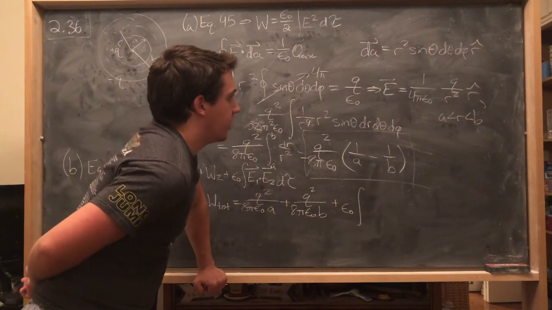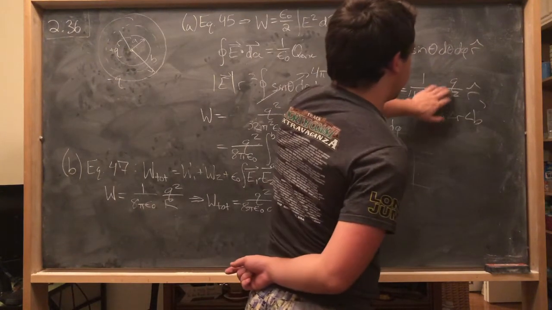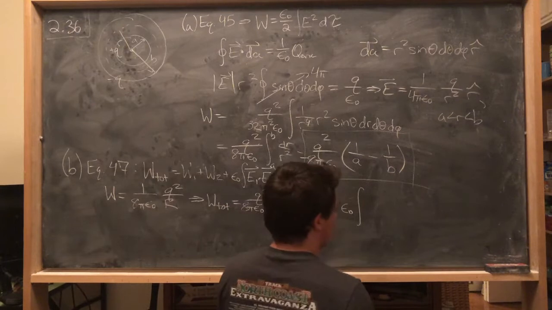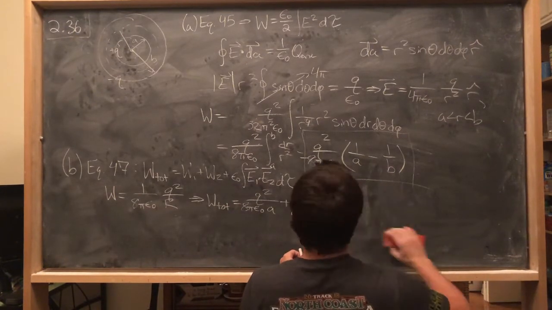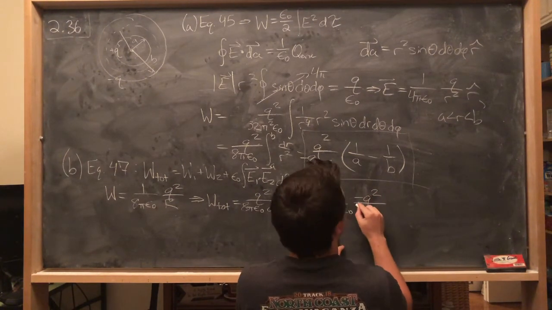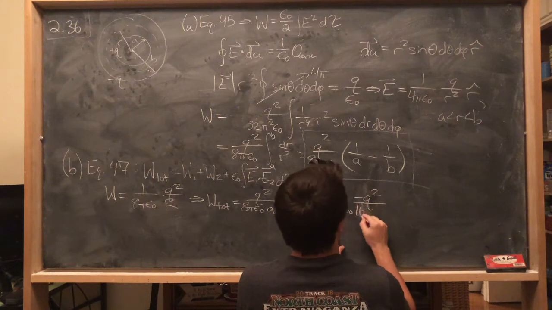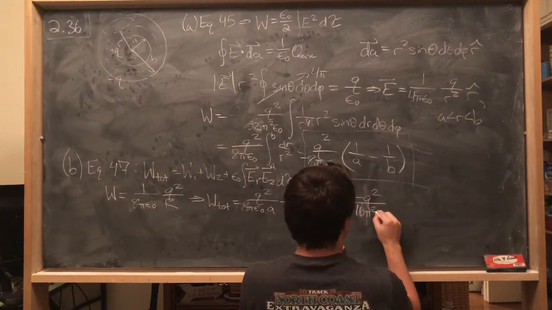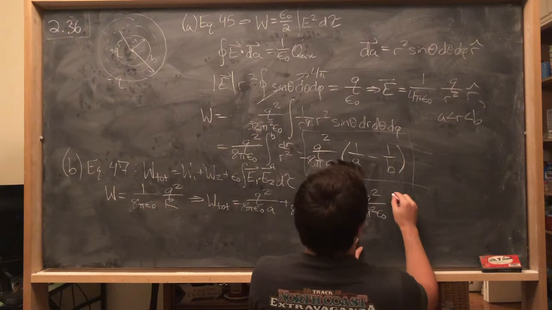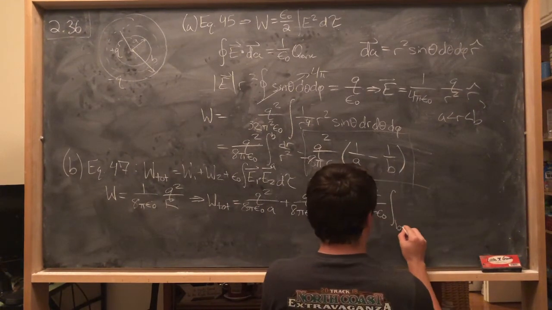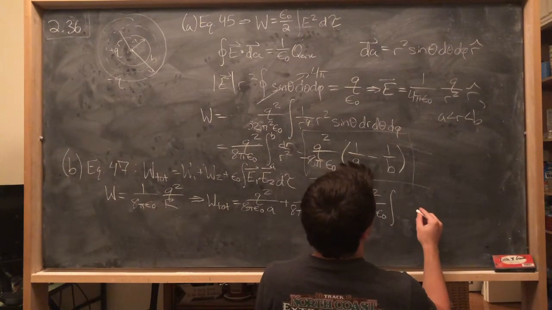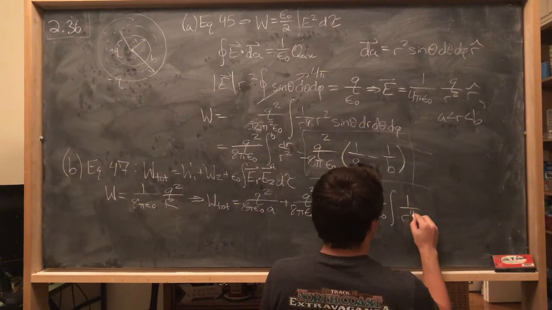And so dotting the two together, the inner sphere would have positive Q, the outer shell would have minus Q, and so this would look like minus Q times Q over 16 pi squared epsilon naught squared, which we can just cancel with this one outside here, and then integrated from B to infinity, and then it's 1 over r squared times 1 over r squared, which of course is 1 over r to the 4th.